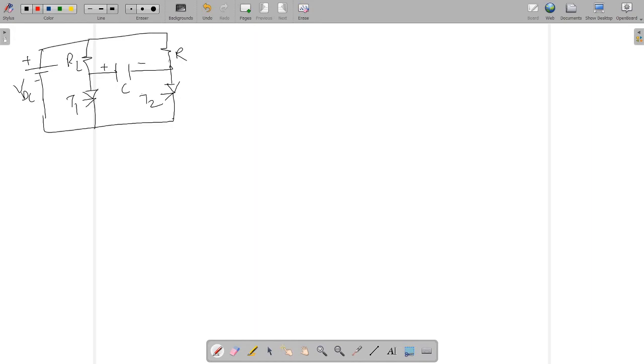Before analyzing this circuit, we make some assumptions. The first assumption is that the capacitor voltage VC is charged to plus VDC, and the capacitor current IC is flowing from left to right. These are our two main assumptions.